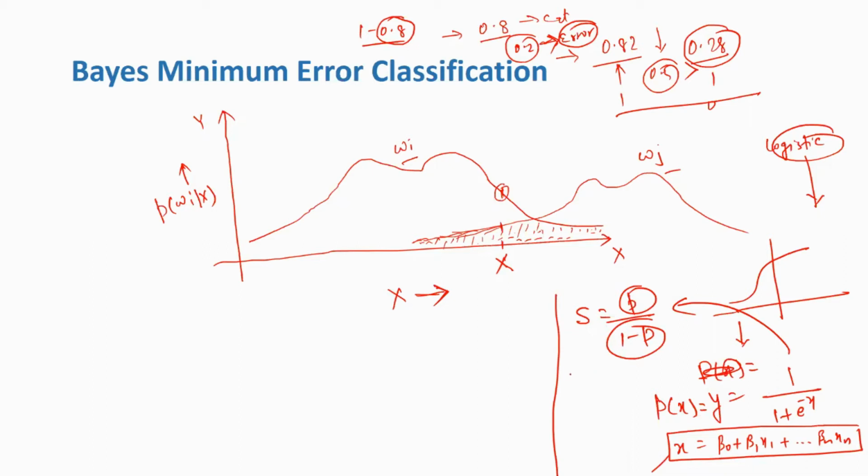If you remember, s will be e to the power beta naught plus beta 1 x1 plus beta 2 x2 plus beta n xn. And when we take the log of this s, the e will go off, and that's why it becomes linear. That's why we call it logistic regression, which becomes linear in nature. And this log of s gives you the probability value. So basically we derive it there, right?